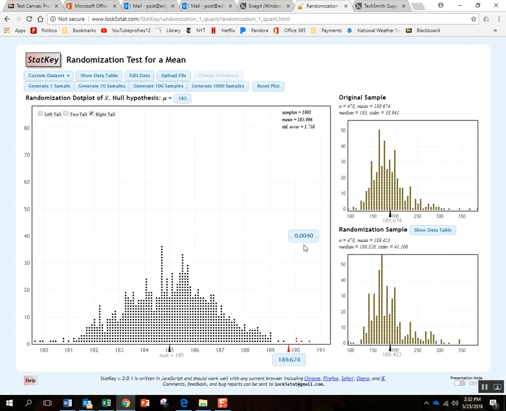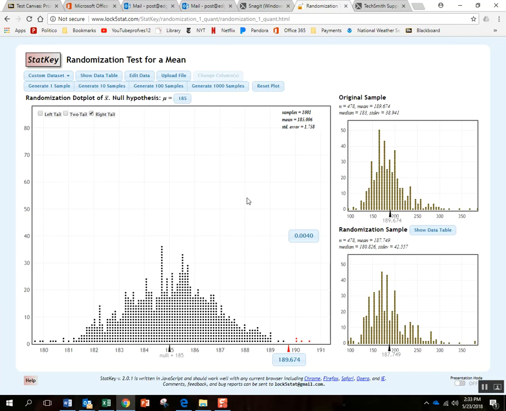And that gives us a p-value, that's what this number is, of 0.004. So in the 1,000 samples created in this universe, only 4 of them, 0.4%, were as large as the one we got.